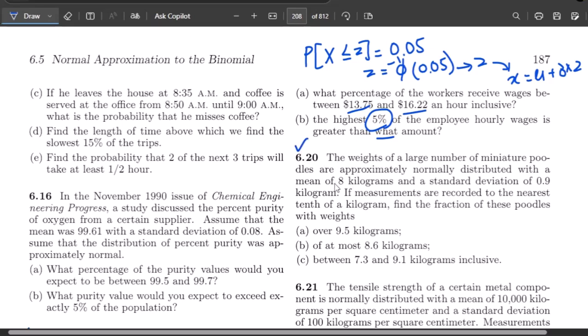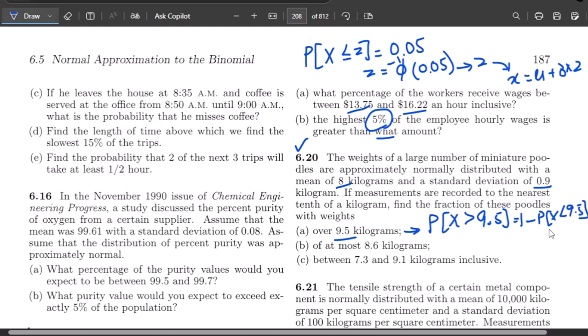In question 6.20, the weights of a large number of miniature poodles are approximately normally distributed with a mean of 8 kgs and a standard deviation of 0.9 kgs. If measurements are recorded to the nearest tenth of a kilogram, find the fraction of these poodles with weights over 9.5 kgs. That means the probability that x is greater than 9.5, which is 1 minus the probability that x is less than 9.5.